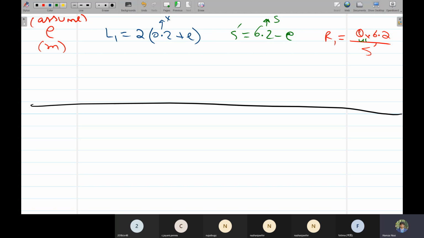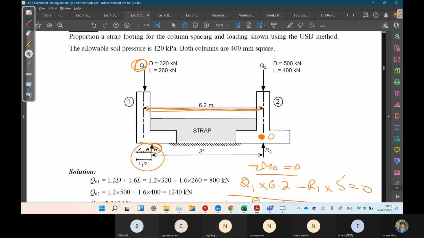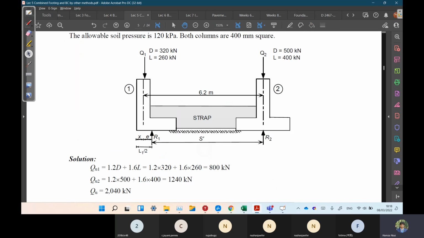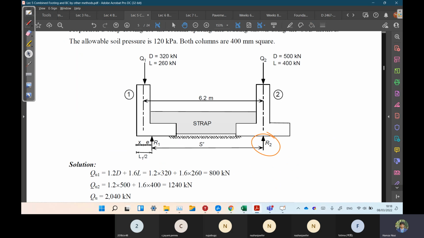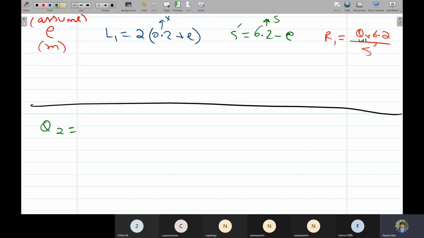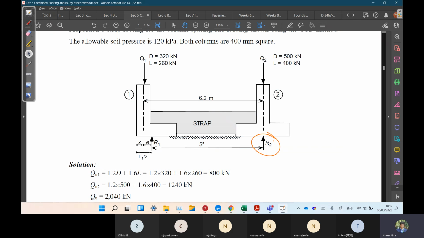After this, we can find R2. So this R2 would be Q1 plus Q2 minus R1.